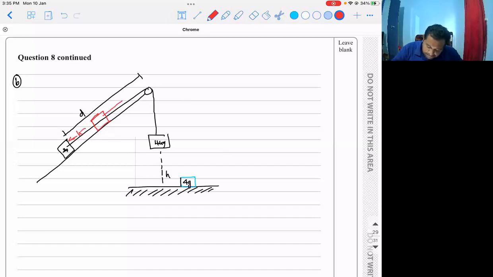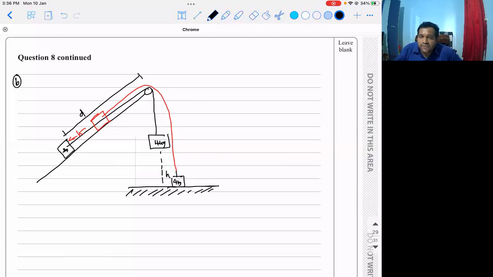Am I correct? So this is our 4 kilogram. This will move h distance.